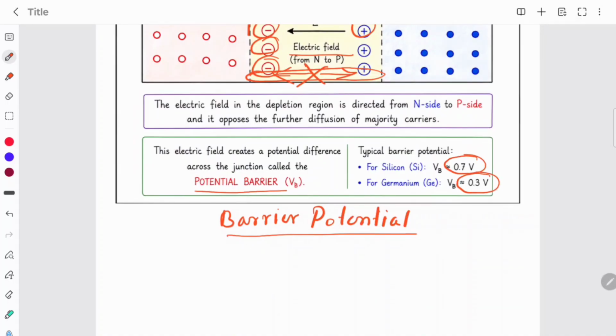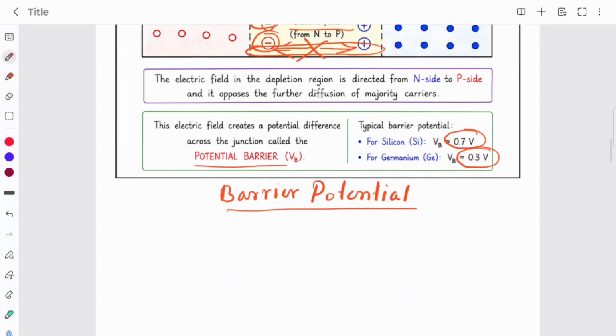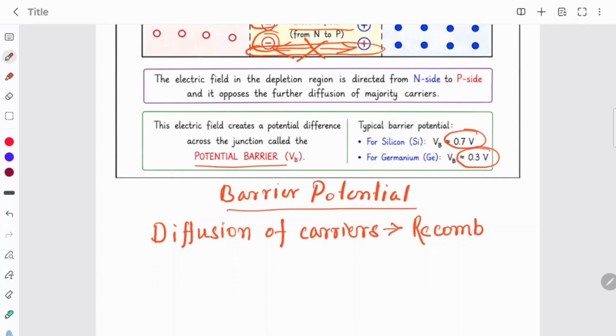So remember, first is diffusion of carriers, then recombination.